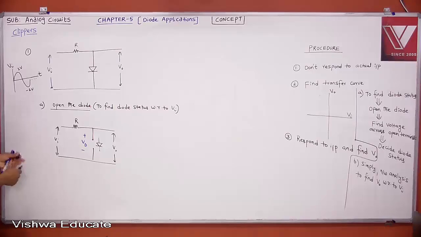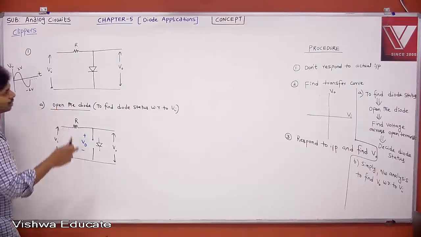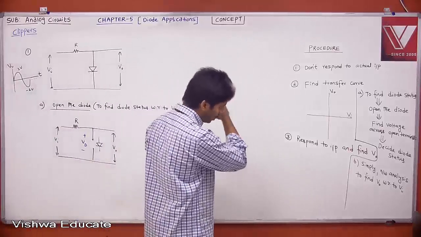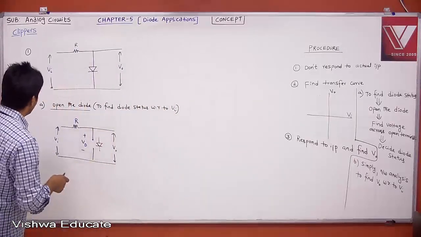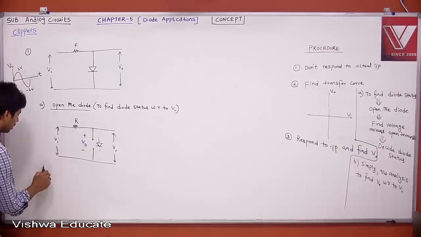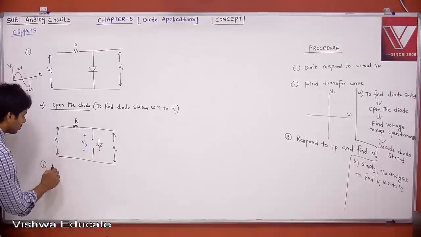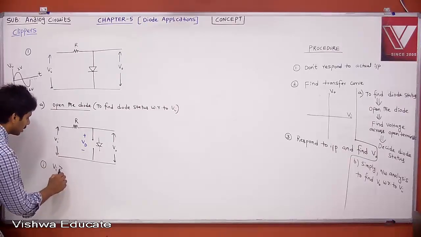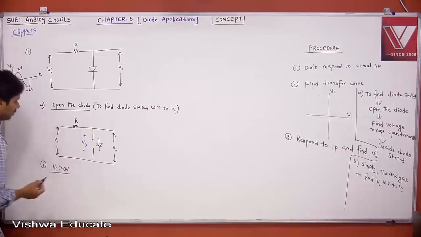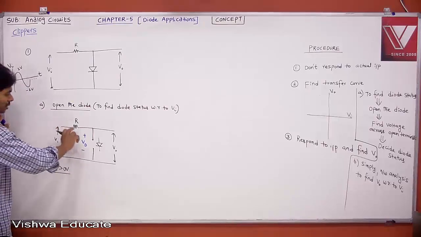Therefore, I know that when Vi is greater than 0, this is A and B. Now, the first case, when Vi is positive, when Vi is greater than 0 volt, the same voltage is coming here.